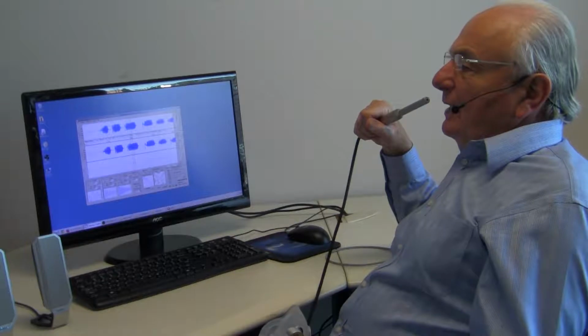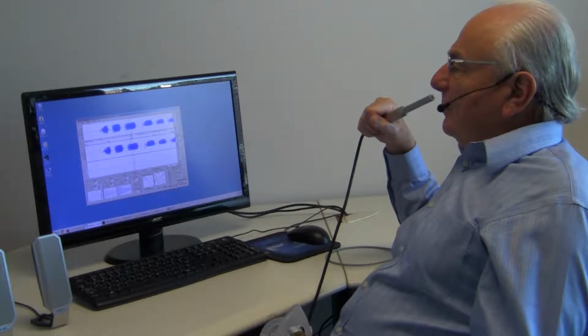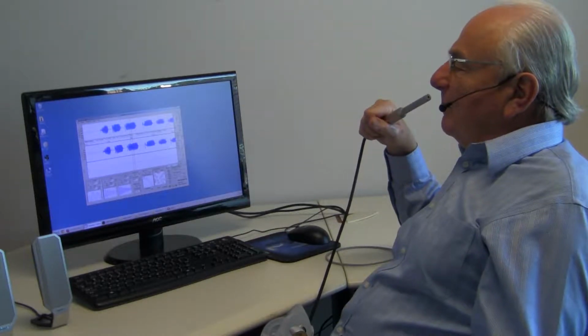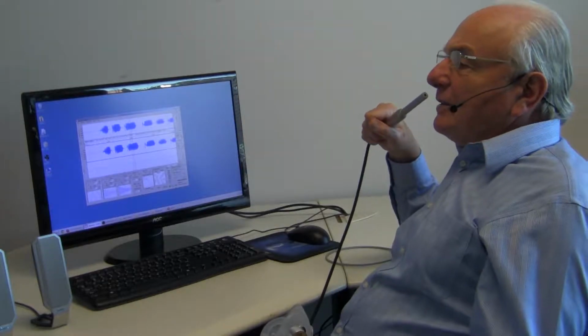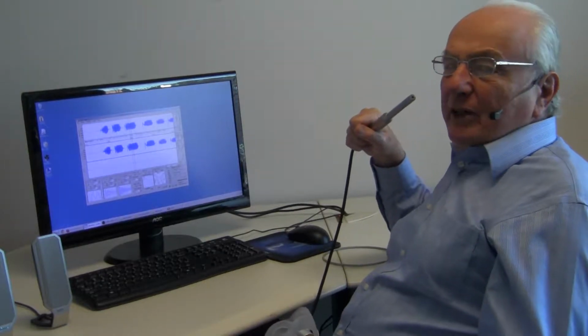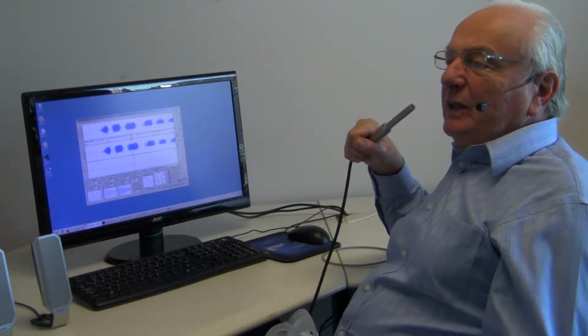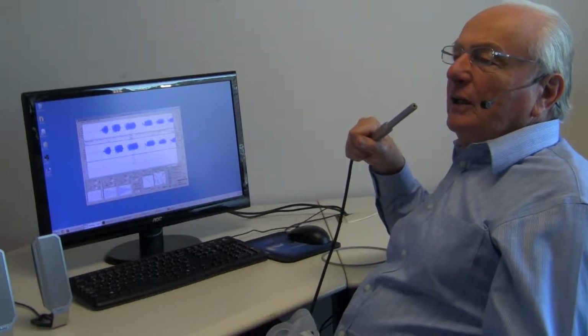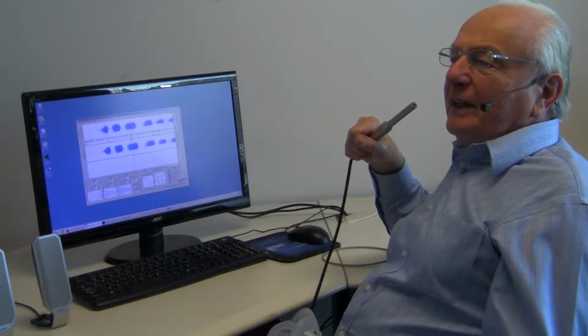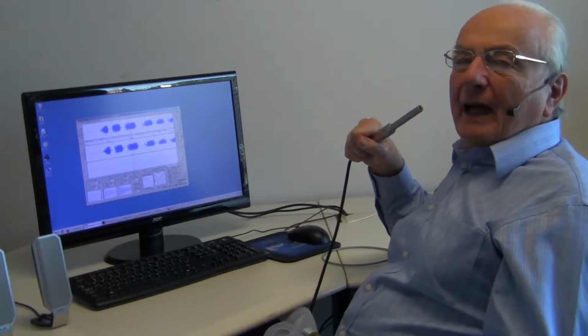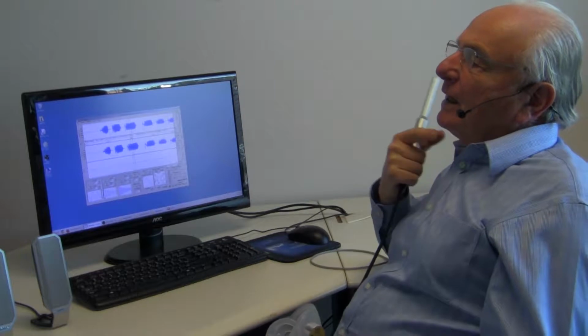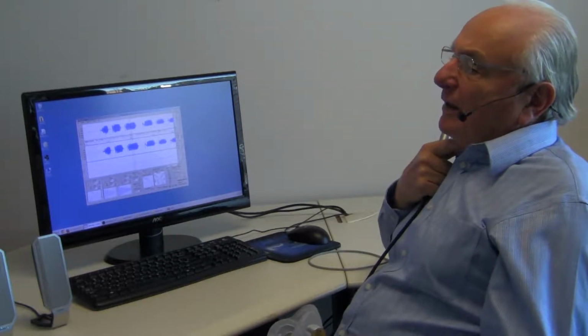The inverse filtering we'll be doing today will be from a microphone signal, measuring the pressure waveform at the mouth, and the inverse filter will extract from that the airflow waveform at the glottis in the larynx.